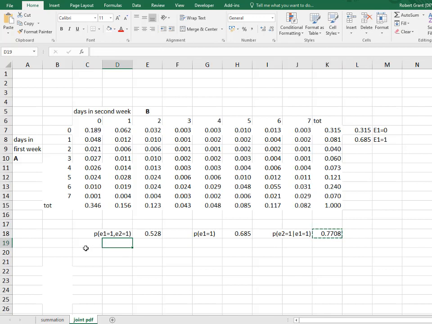So I'll stop writing the E's. So you want E1 equals 1 and E2 equals 0, and you want E1 equals 0 and E2 equals 1, and you want E1 equals 0 and E2 equals 0.